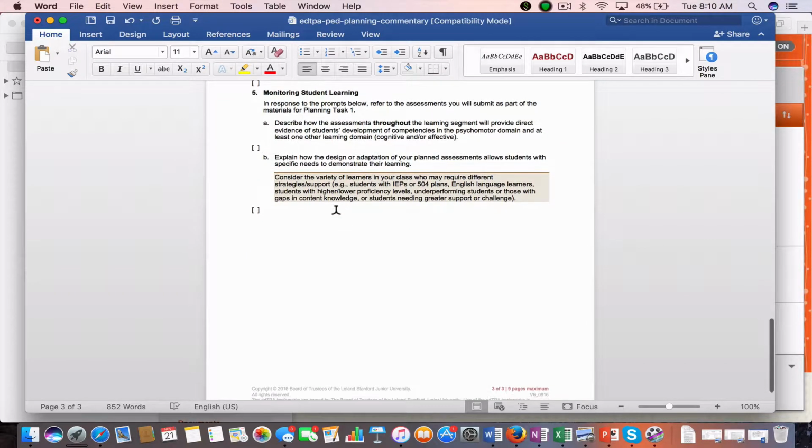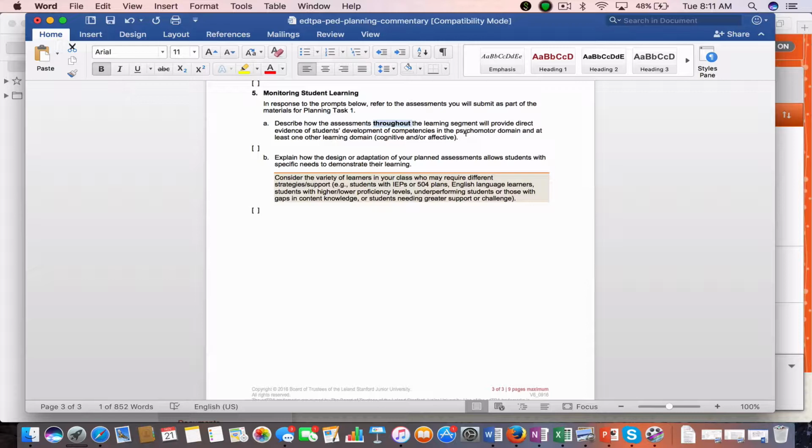5 is about monitoring student learning, so you know that's about assessments. They're going to ask you to describe how the assessments throughout, and you've already planned that with lots of good formative assessments, throughout the learning segment will provide direct evidence of your students' development of the competencies in whatever discipline you're working in.